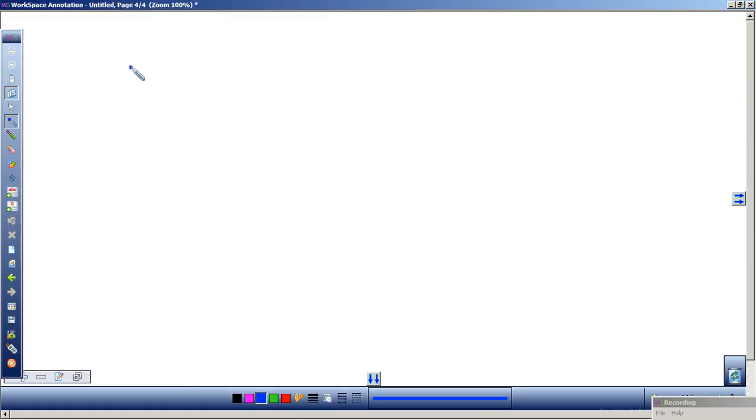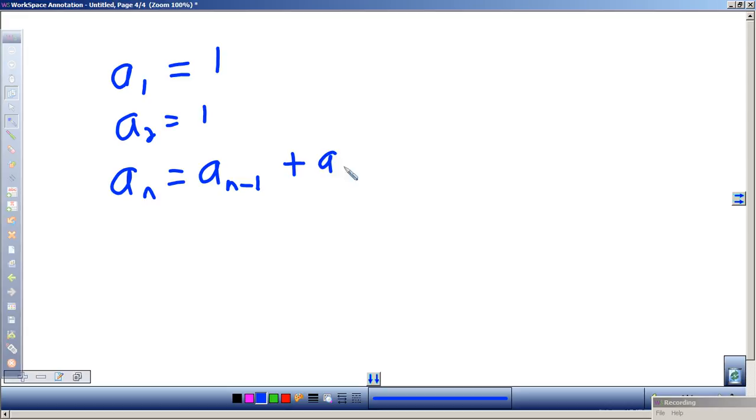So this is a famous recursive: a_1 equals 1, a_2 equals 1, a_n equals a_(n-1) plus a_(n-2) for n greater than or equal to 3. So what's the first term? What's the second term? What's the third term? What's the next one?